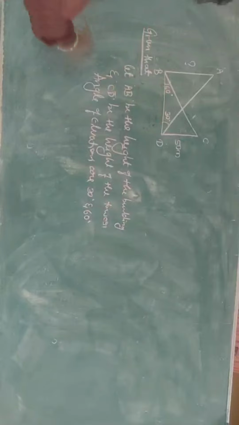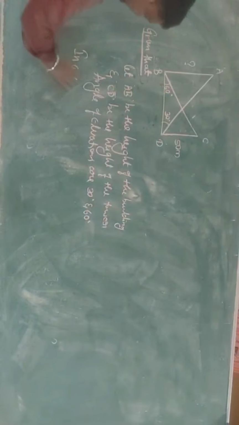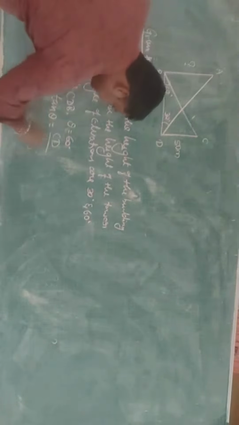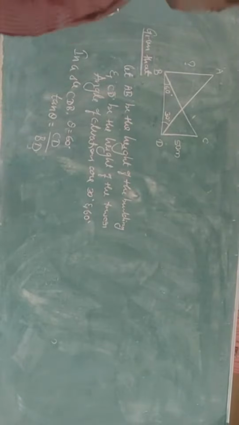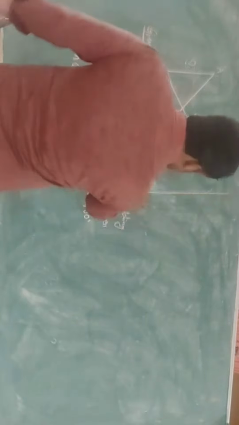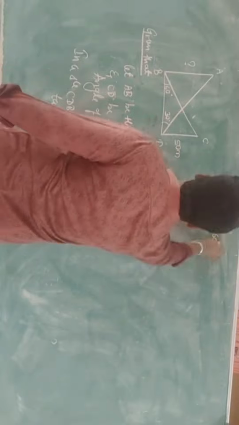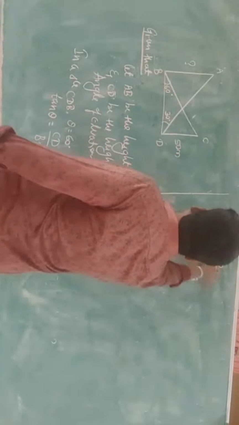Okay, so in triangle CDB, angle of elevation theta is equal to 60 degrees. So tan theta is equal to opposite CD upon adjacent BD. Now tan 60 degrees is equal to CD, 50 meter, divided by BD.